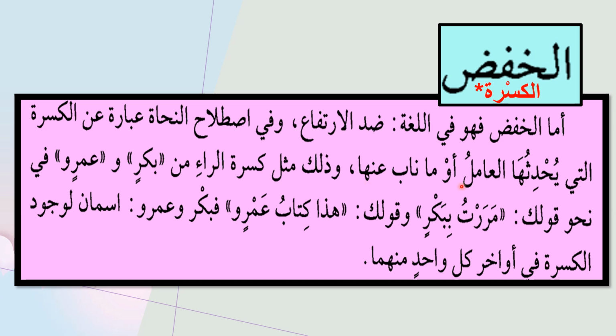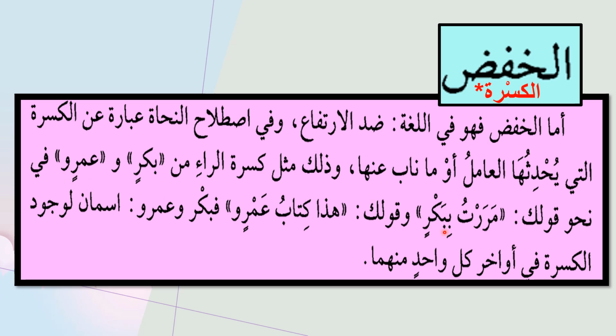The first example, how an amil makes the noun take a kasra. This is an example of kasra on the ra. Here the letter ra has taken a kasra, for example bakrin, and there is another example, amrin. In both examples the ra has taken a kasra.